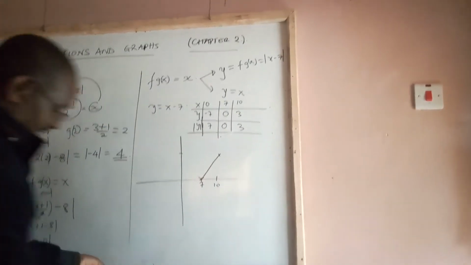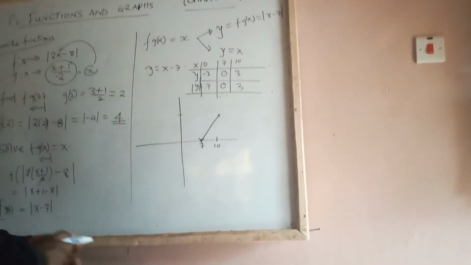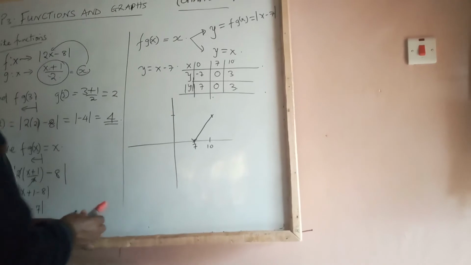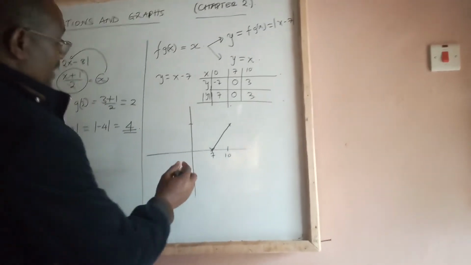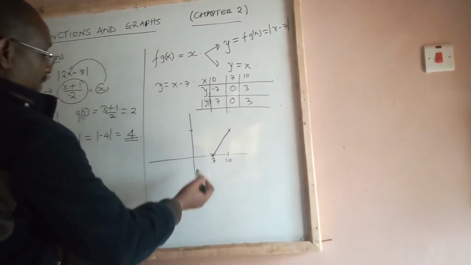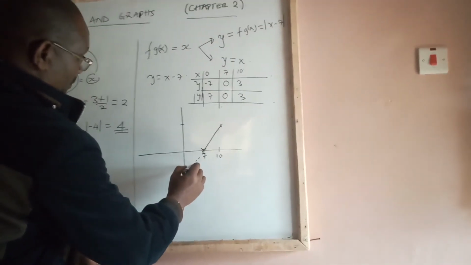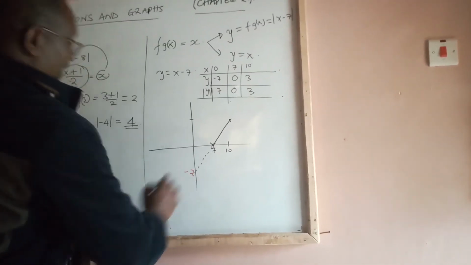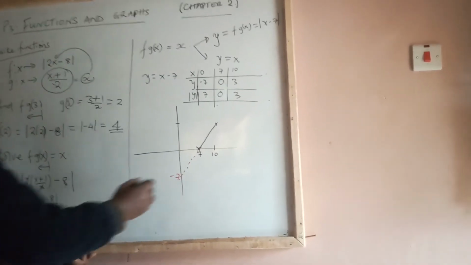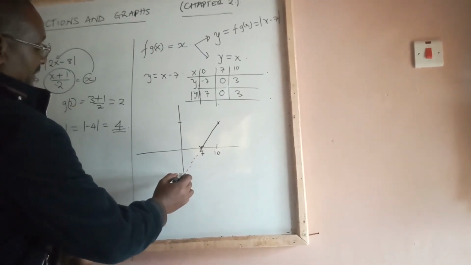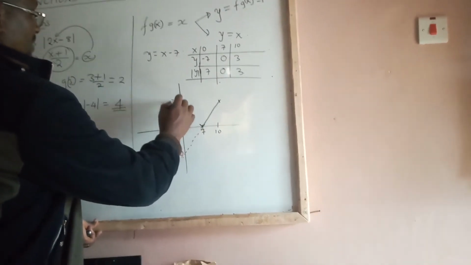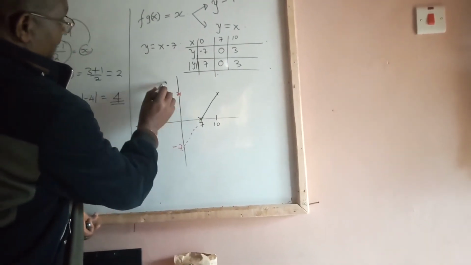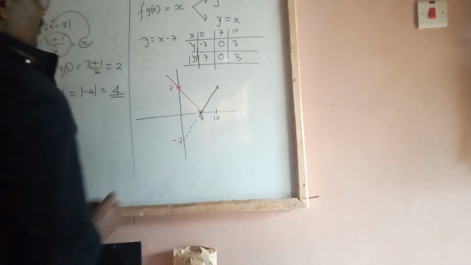But it is very interesting that when x is 0, y ordinarily, before its modulus, is supposed to be -7. But because we are talking about modulus, this is reflected along the x-axis, and it simply becomes +7. So we have a graph that looks like that.